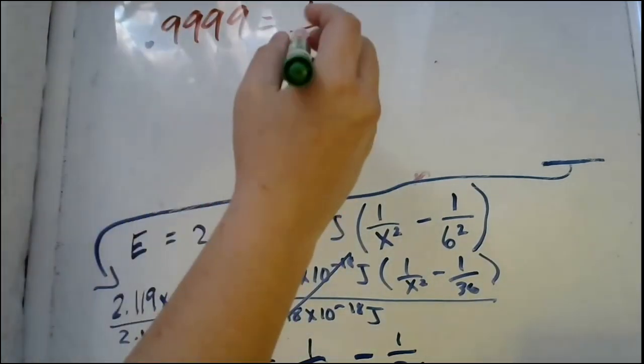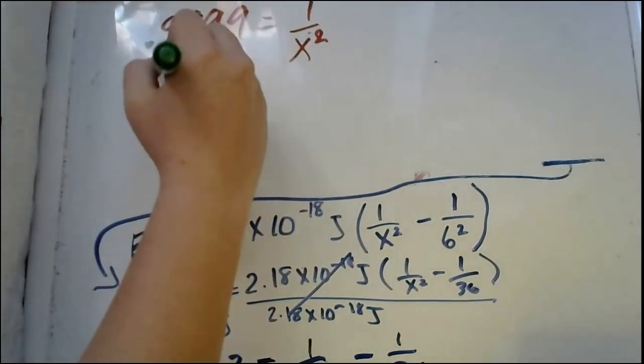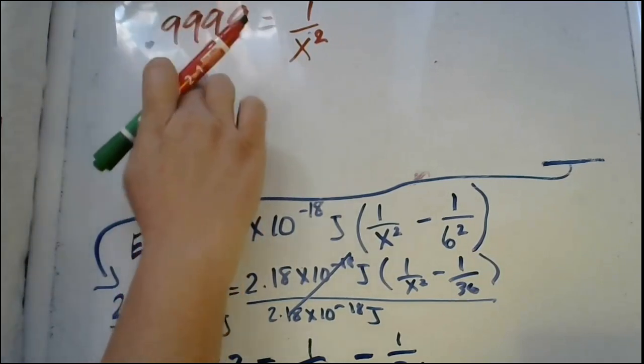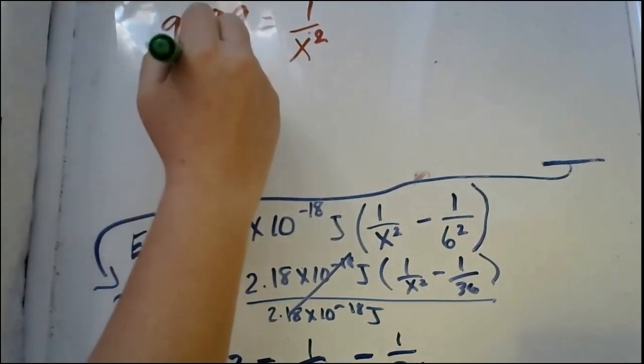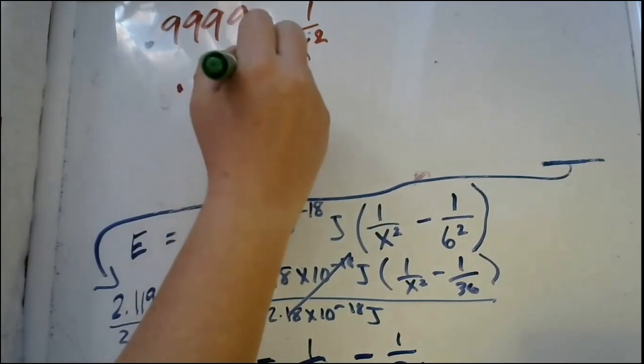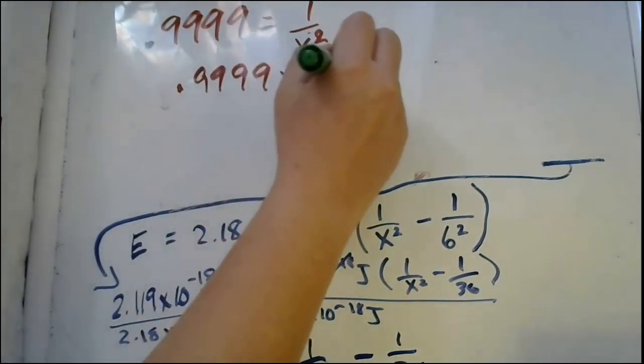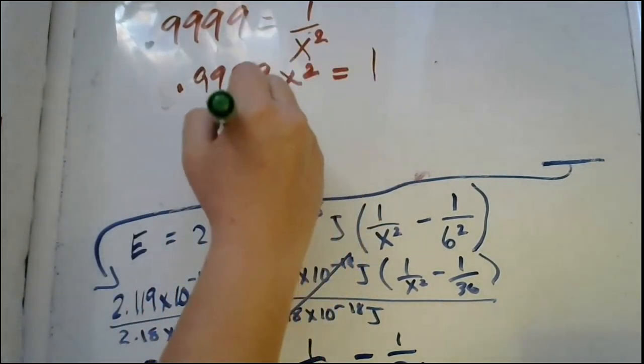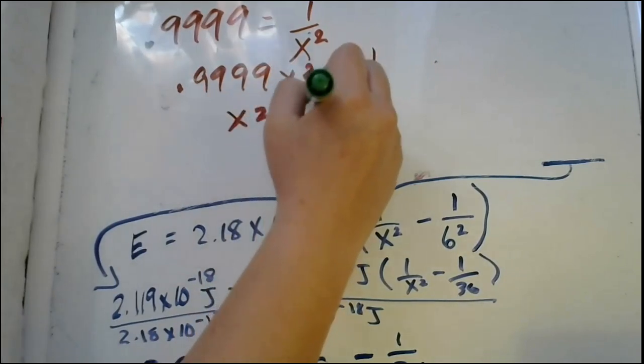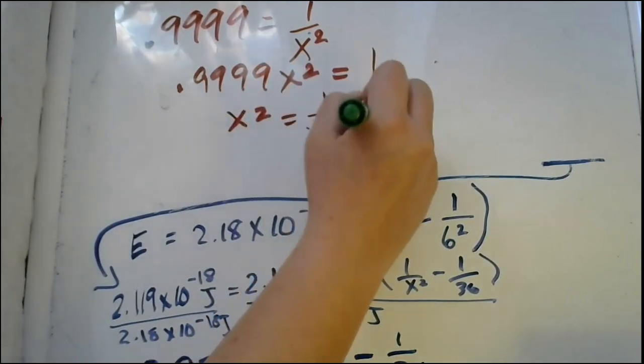Now I'm going to multiply both sides by x squared. So 0.9999 x squared equals 1. x squared equals 1 over 0.9999.